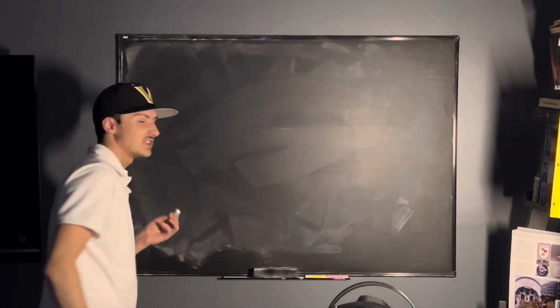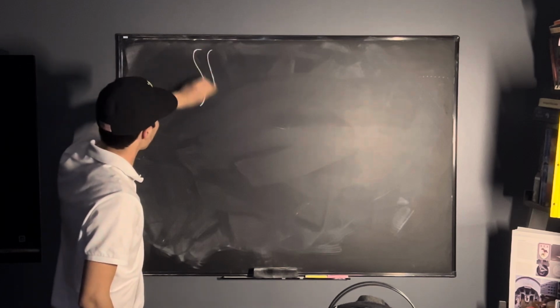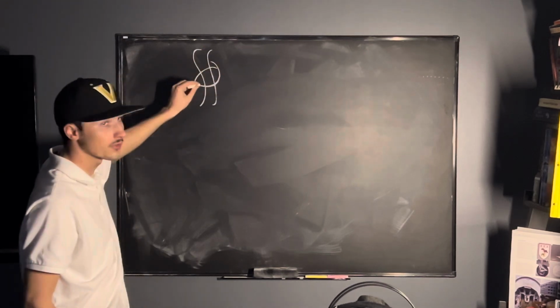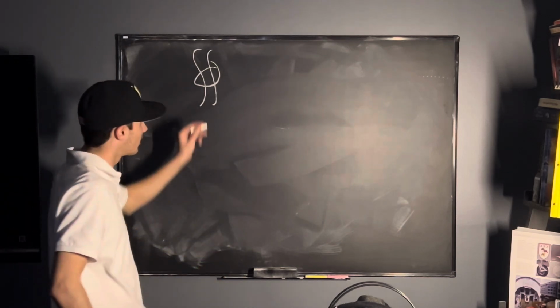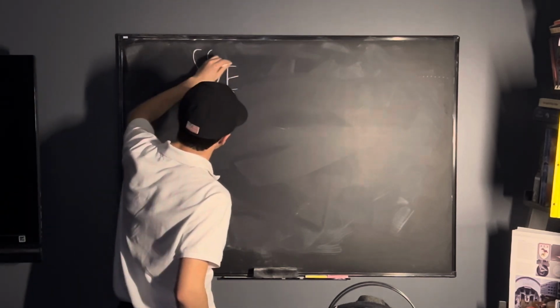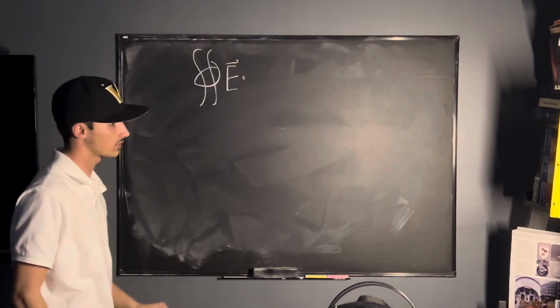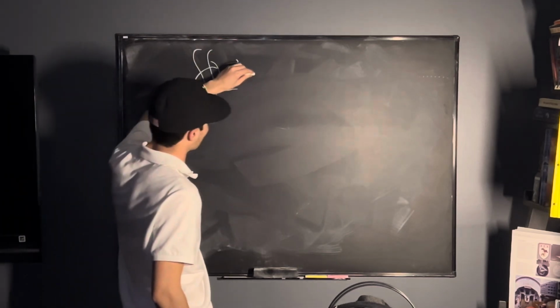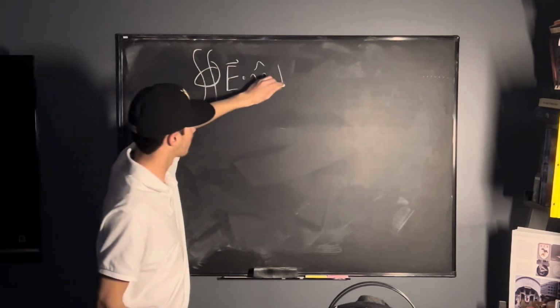Now, the formalization of what we just said is going to be through a surface. That's what a double integral represents. Through a surface, the electric field dot product with, well, the normal vector, unit normal, to that surface.